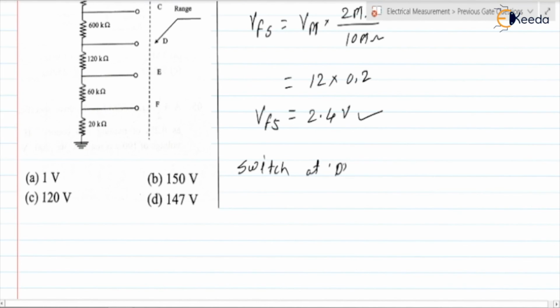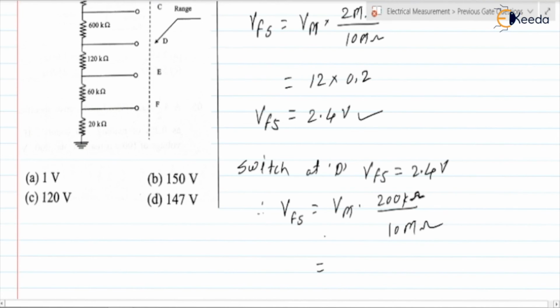Next we can find it when the switch is at position D. We can write Vfs is 2.4 volt, as we have already written. Again by using the voltage division rule, Vfs is equal to Vm into 200 kilo ohm, the resistance till D, divided by 10 mega ohm.